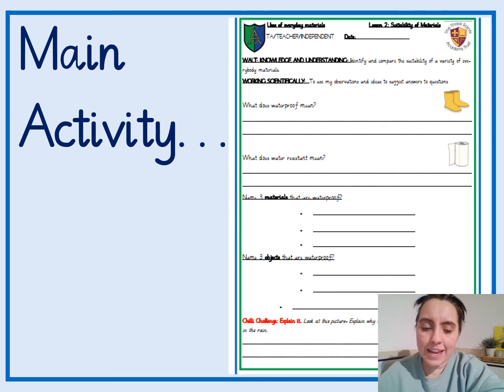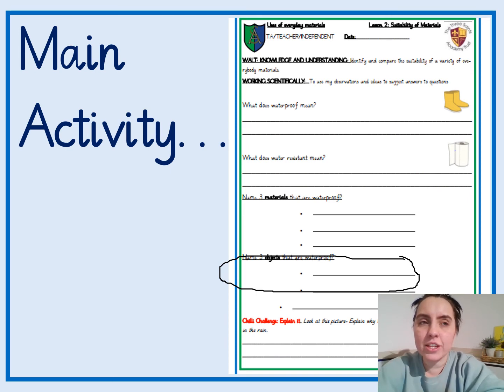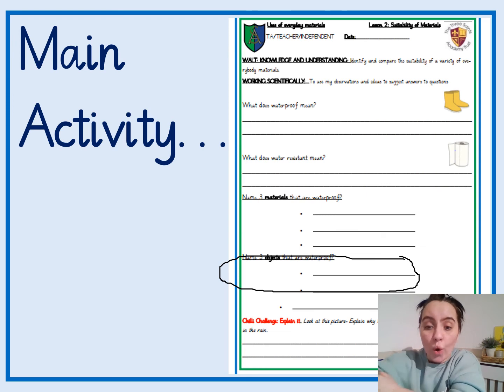okay? Then the next part of your sheet is asking you to name 3 objects that are waterproof as well. So objects might include just everyday things that you've got around your home. So it might be your window, for example. It could be some tin foil. It could be a toy, maybe a piece of clothing that you've got at home, or at school even.